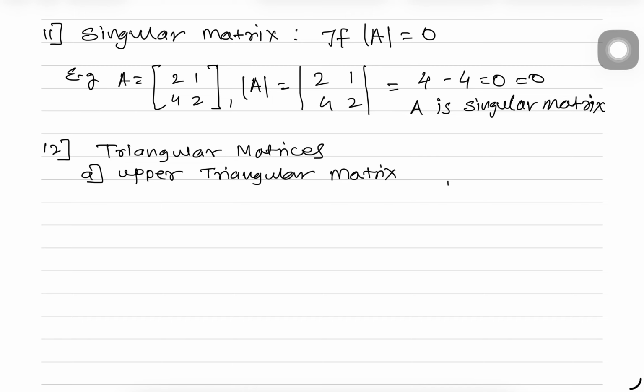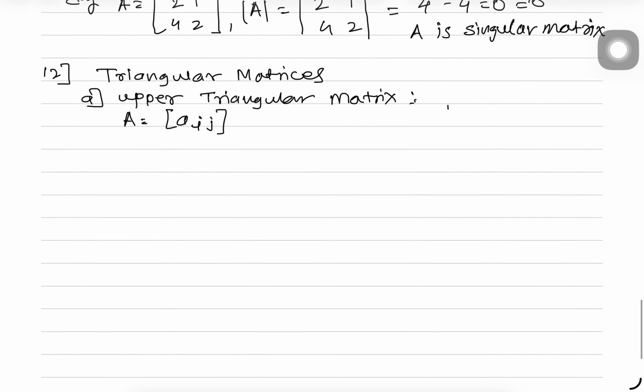A square matrix A of ij is called the upper triangular matrix if every element below the diagonal is 0.